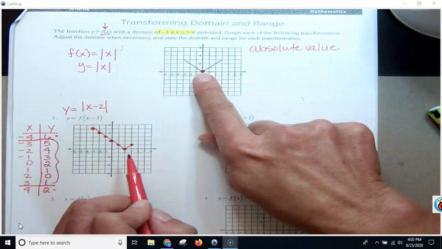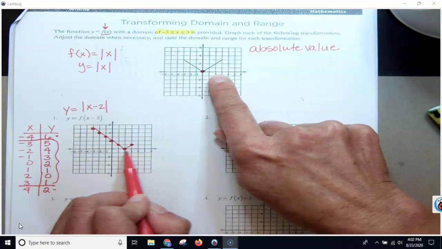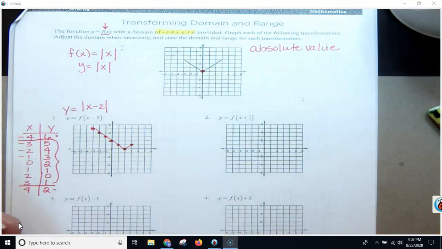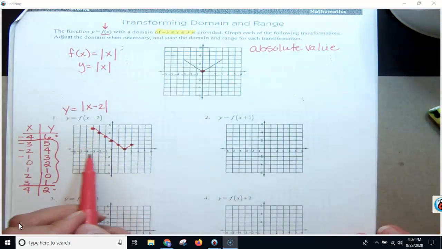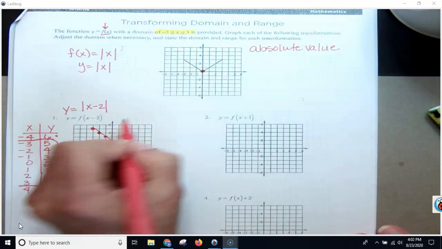And keep in mind that this vertex point scooched over 2. It went from here over 2. So that's kind of fun. My domain is still going to be -3 to +3. My range, though, has changed.